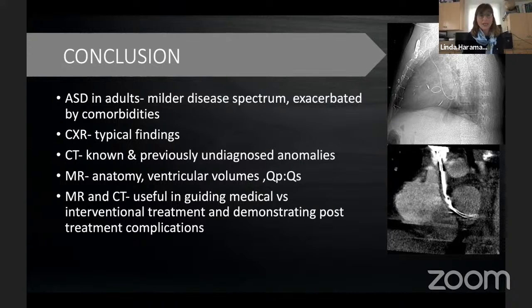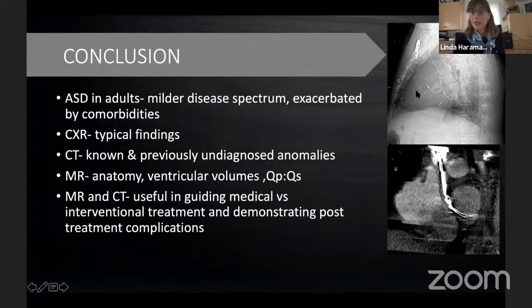And CT, I would say, would be a second choice if MRI is not feasible because we can't directly measure flow. And our volumetric estimates for ventricular volumes are A, technically more difficult to do, and B, a little bit less accurate and reproducible.